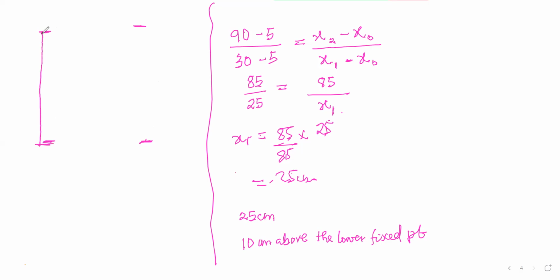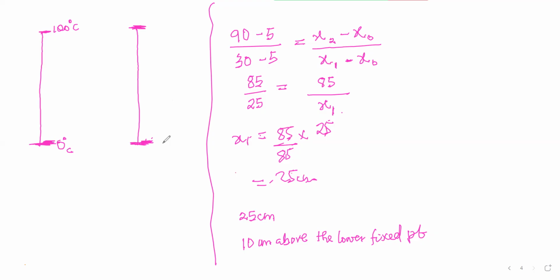So 0 for the lower fixed point, 100 for the upper fixed point, and the distance between them we are told is 25.